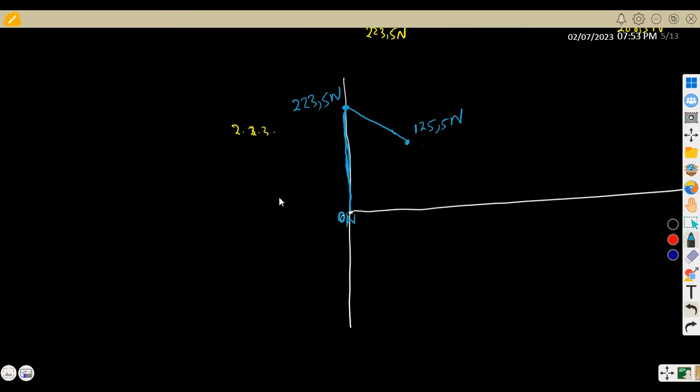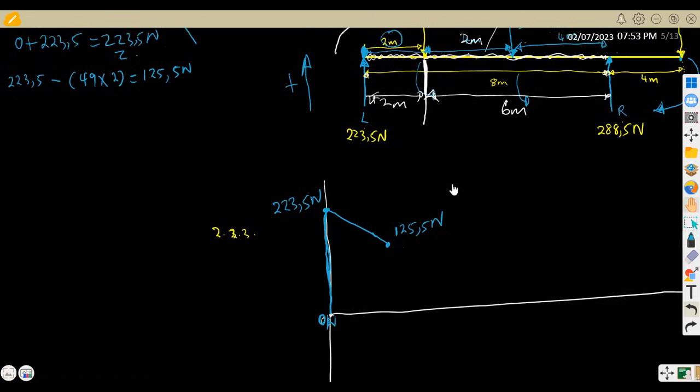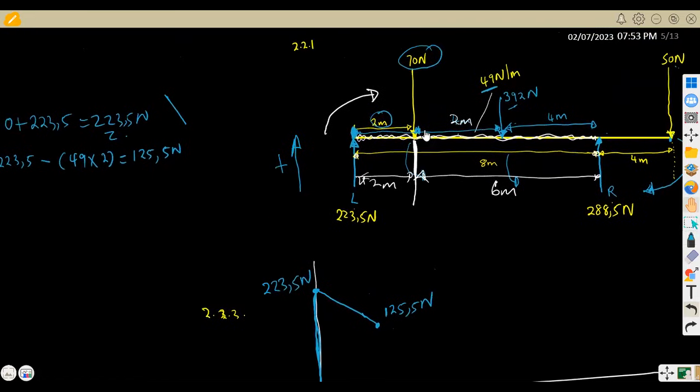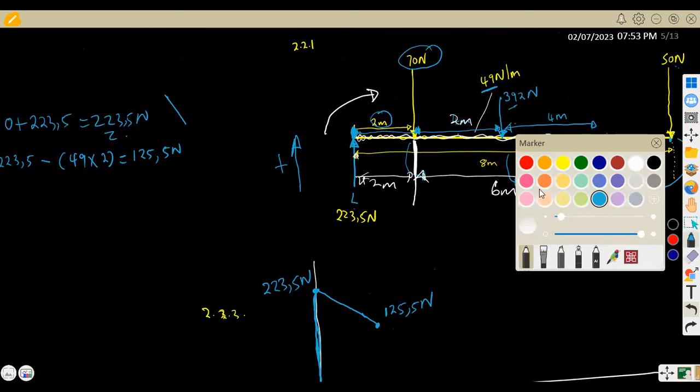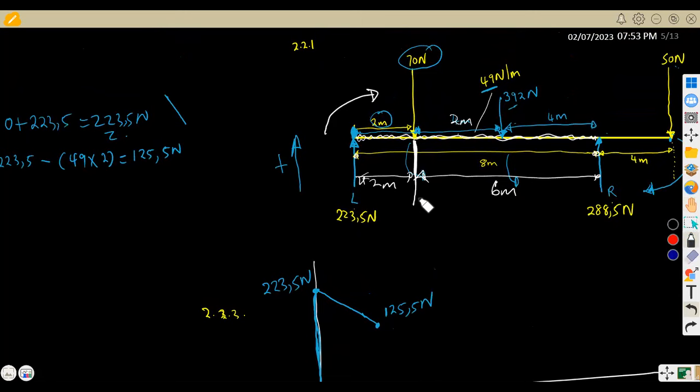After that, what is happening? Let's check where we are now. We are at the point where we have got our 70 Newton now. After having this distance, we are now at 70 Newton. So maybe we can just write A, B, C, and so on. So we are now at point A. And this is a point load, which is going down.